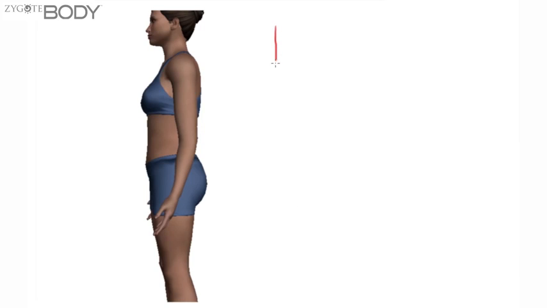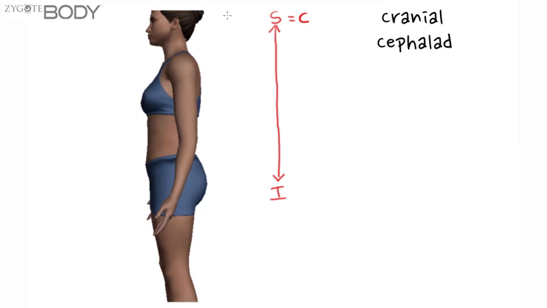Now previously I mentioned that there are some structures found inferiorly, meaning that they are on the bottom or below other structures. And there are structures found superiorly or on the top of the body or above other structures. Now there are other equivalent terms to superior and inferior. For superior, it is cranial, or cephalad, meaning that the structure is close to the head.